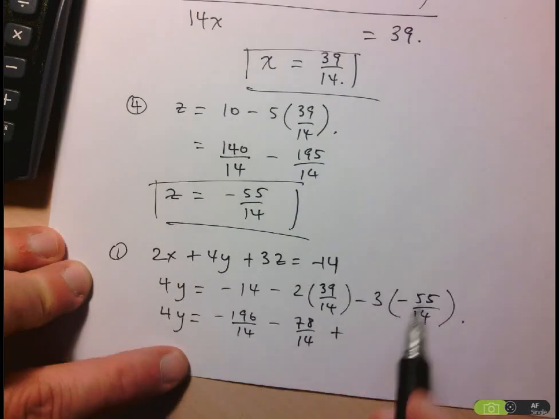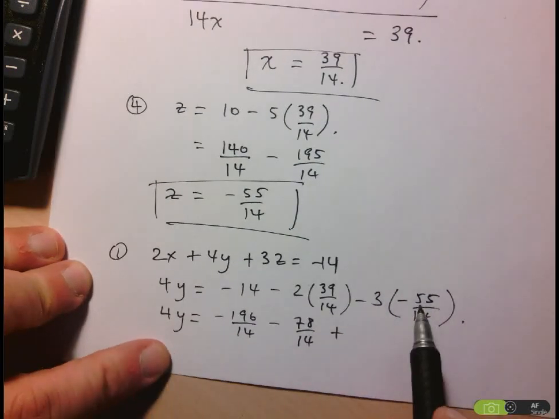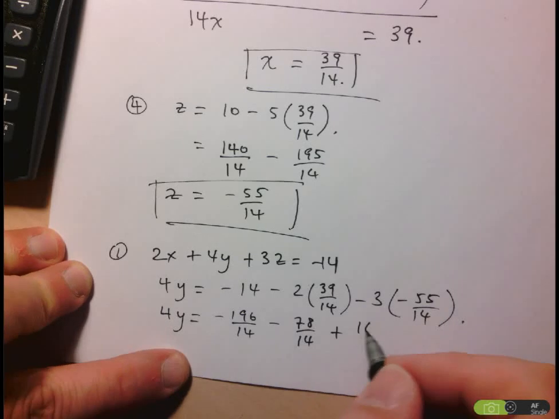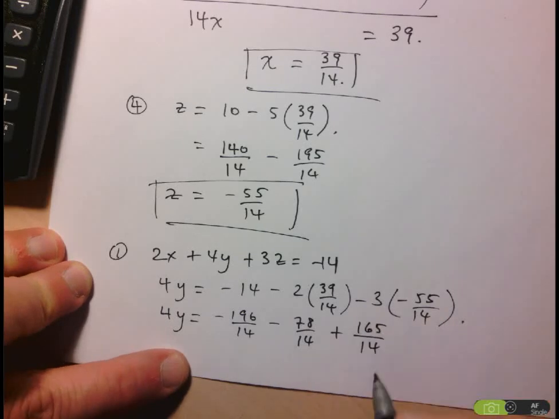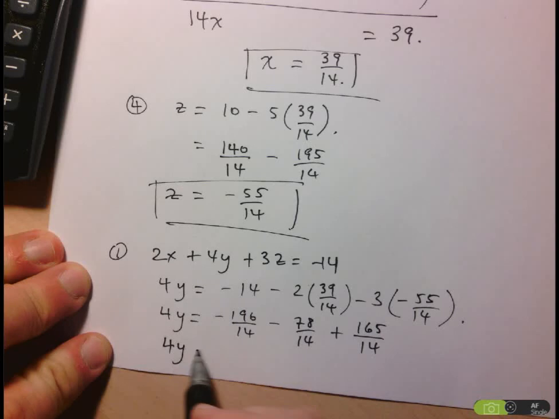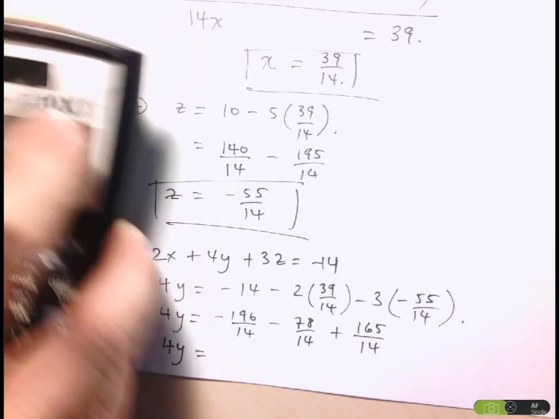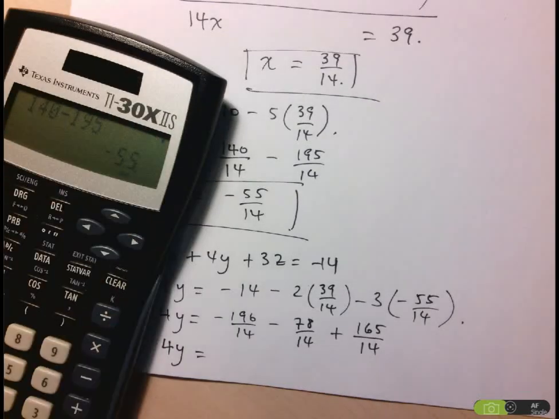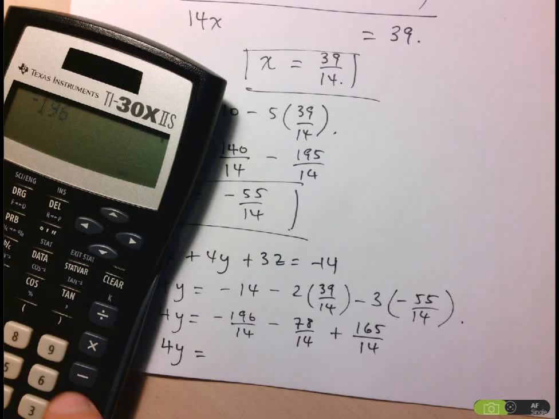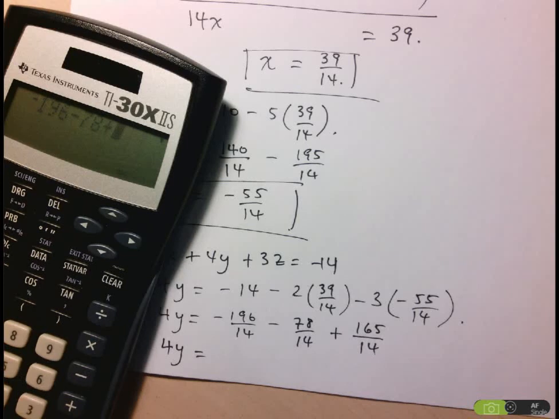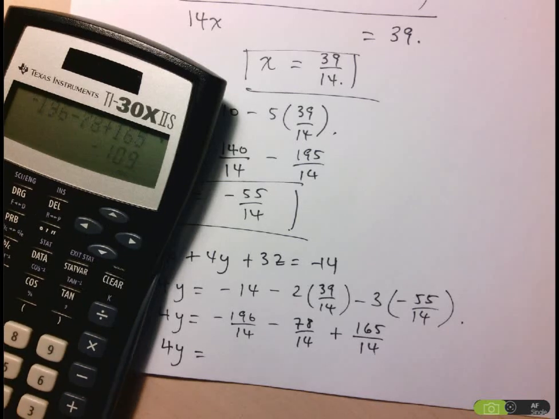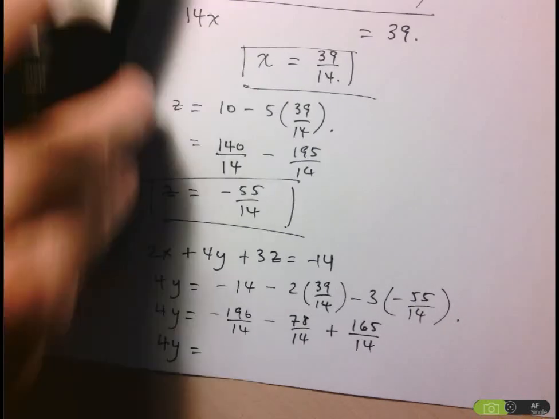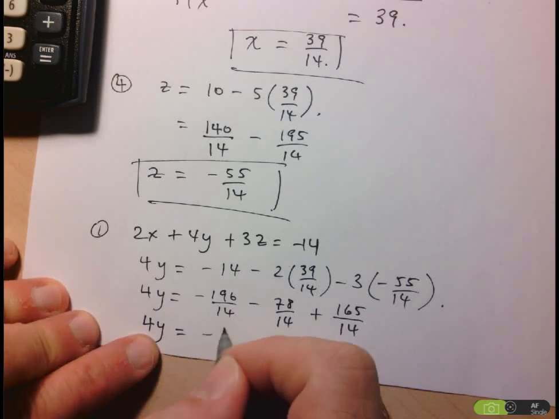And then plus 3 times 55, which is 150 plus 15, so plus 165 over 14. So 4y is equal to negative 196 minus 78 plus 165, which is negative 109 over 14.